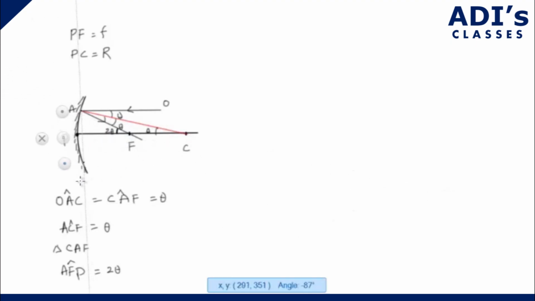Next, from A we drop a perpendicular onto the principal axis, and let's name the foot of it N. Now we have two important triangles here, triangle CAN and triangle FAN.